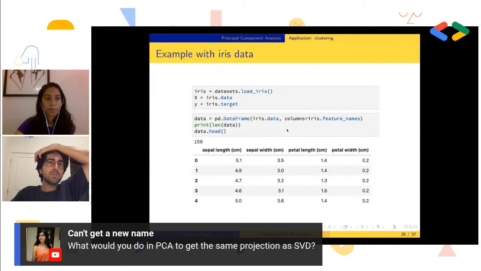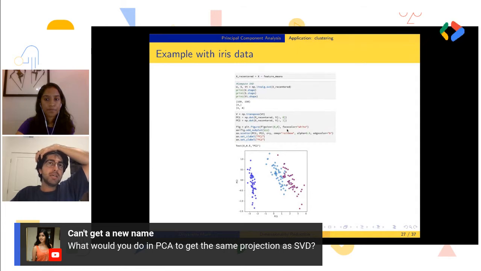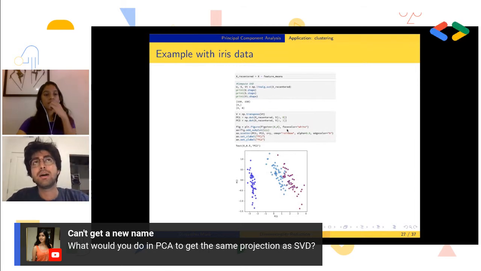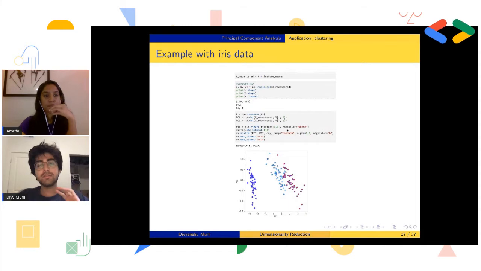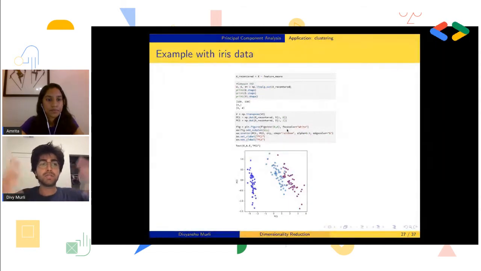The notion of projection comes from PCA because you're projecting onto the largest principal components. Perhaps I should have made that more clear. But in SVD, you're reconstructing a matrix from building blocks. So PCA and SVD are related, but not exactly the same. PCA is built on top of SVD.